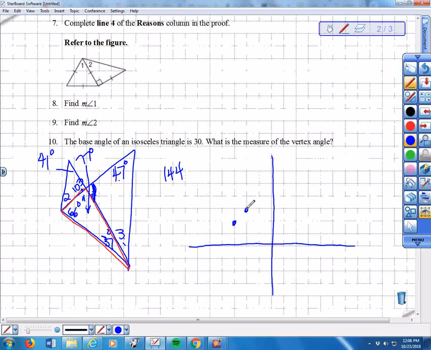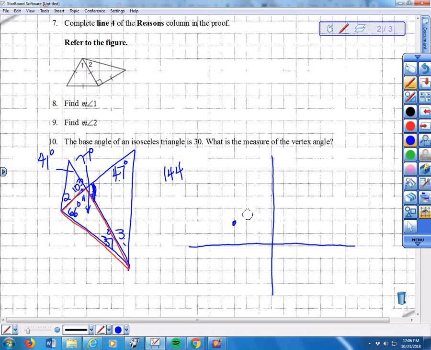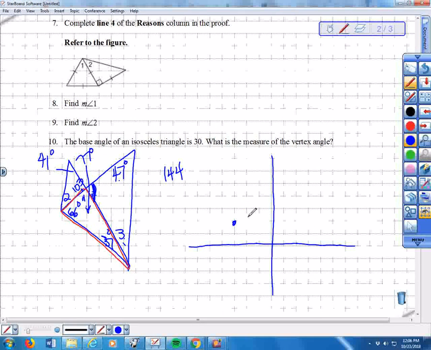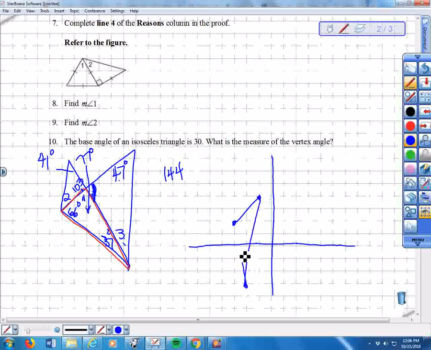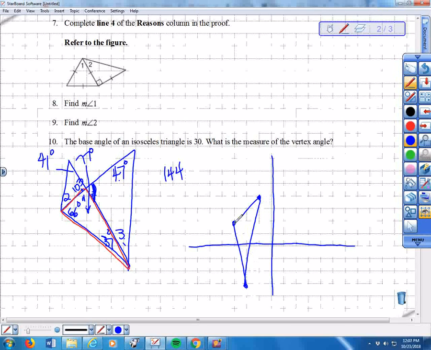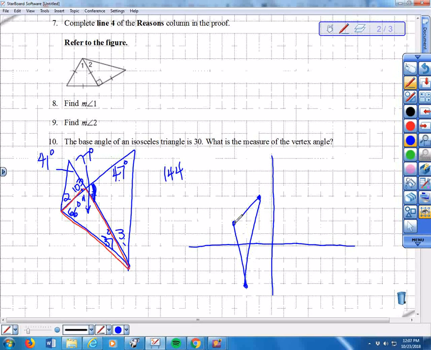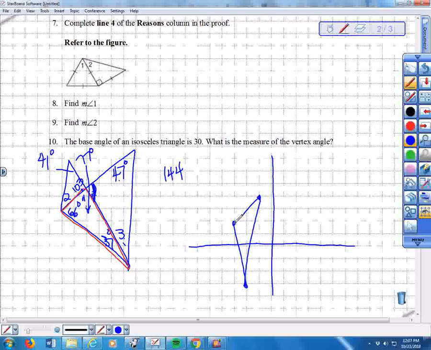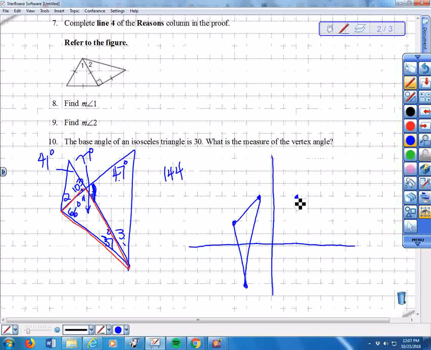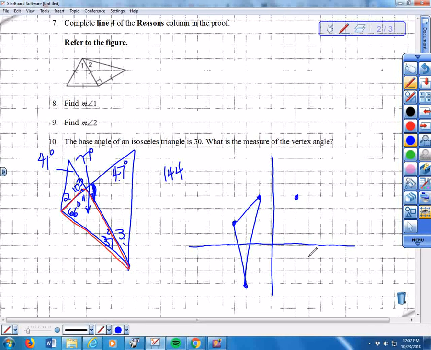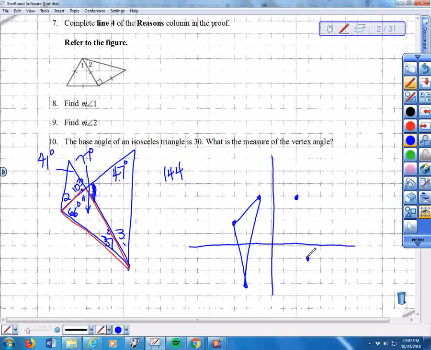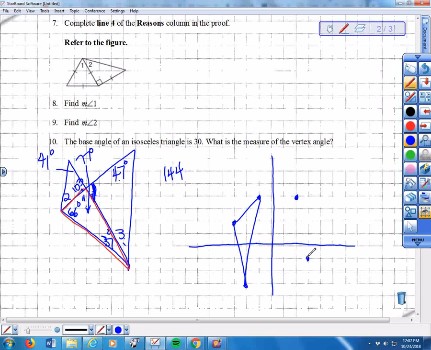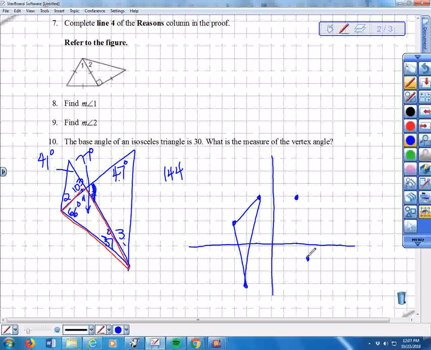Negative 2, negative 3. And negative 1, 4. And then I have PQR, yes, 2, 4. And 3, negative 1. And 4, 6.